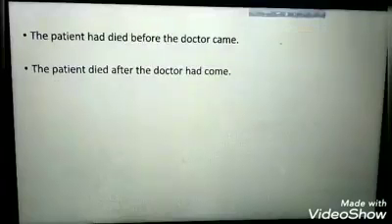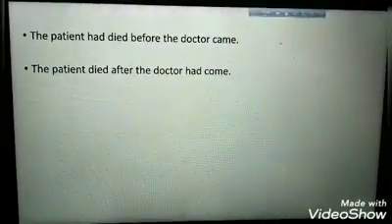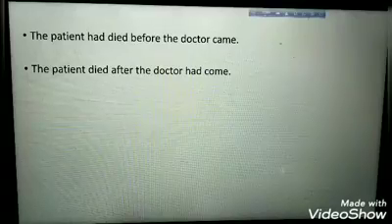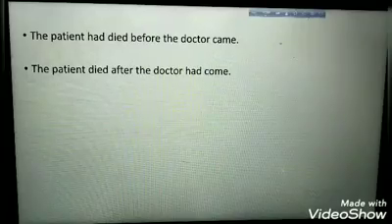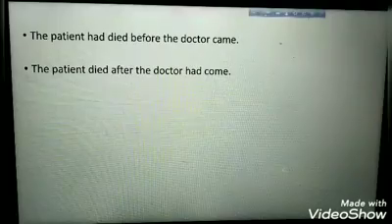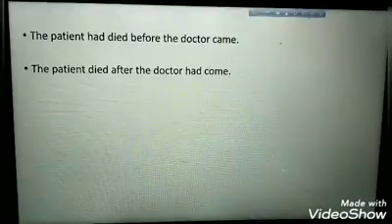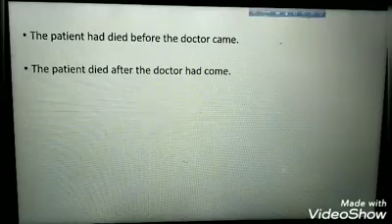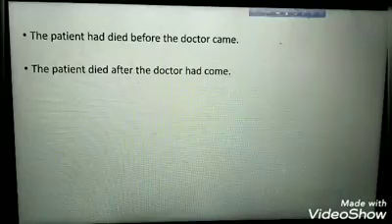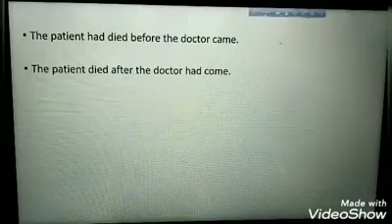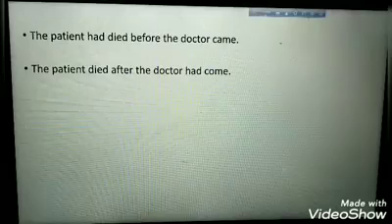But it will be clear for you by analyzing these two examples. The first one is, the patient had died before the doctor came. So here just remember the key word before. So before we'll have to use past perfect tense, and after before we'll have to use past indefinite tense.